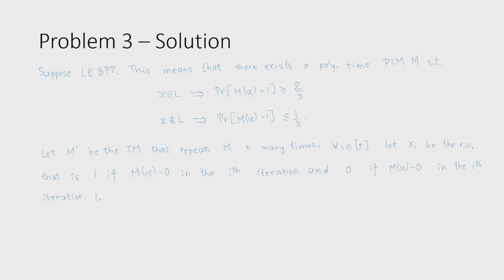Okay, and now we'll define one more variable. Let X be the sum over i in 1 to t of Xi.